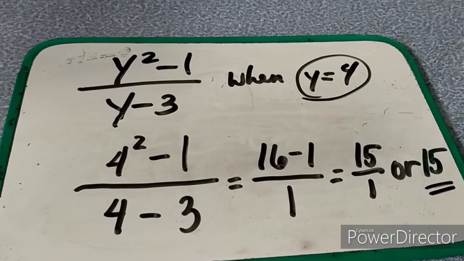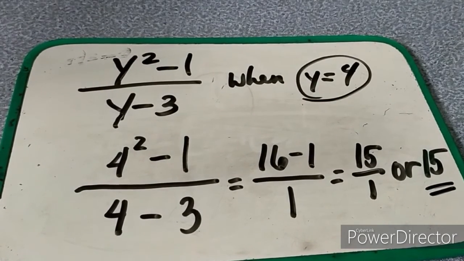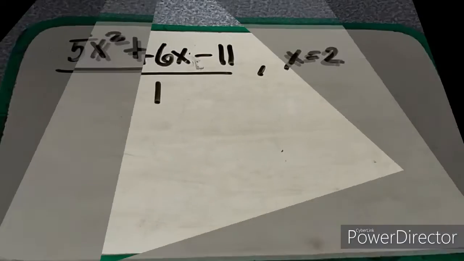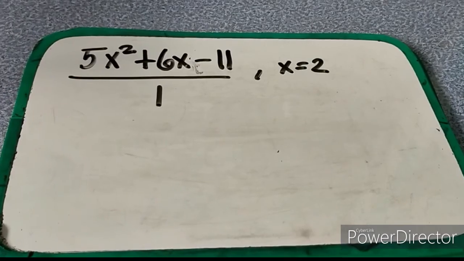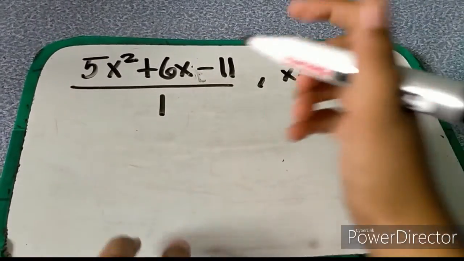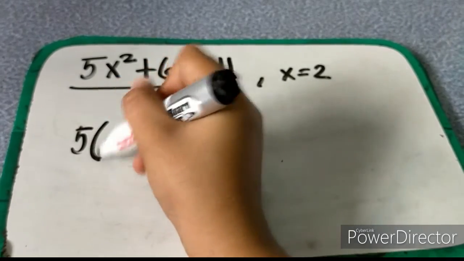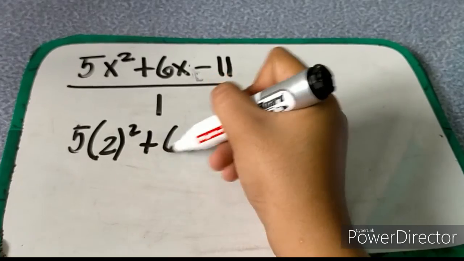Another example, we have 5x squared plus 6x minus 11 over 1 when x is equal to 2. So again, substitute the value of x. So we have 5, x is 2 squared plus 6.